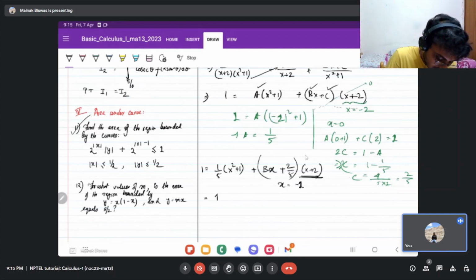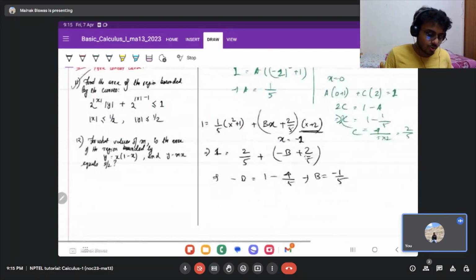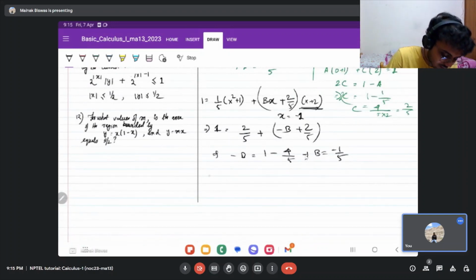So you get 1 is equal to 2 by 5 plus (minus b plus 2 by 5). So you get minus b is equal to 1 minus 4 by 5, or b is equal to minus 1 by 5.